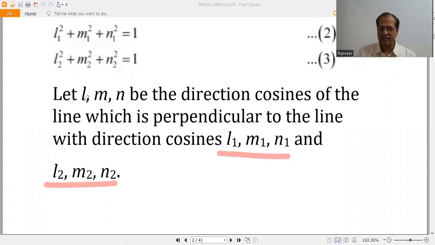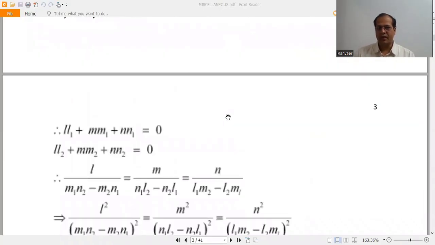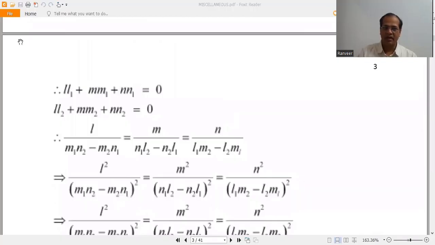Taking the perpendicular condition, l1 l + m1 m + n1 n = 0 and l2 l + m2 m + n2 n = 0. Now we solve for l, m and n by cross multiplication. l divided by m1 n2 minus m2 n1, and similarly for m, n1 l2 minus n2 l1.